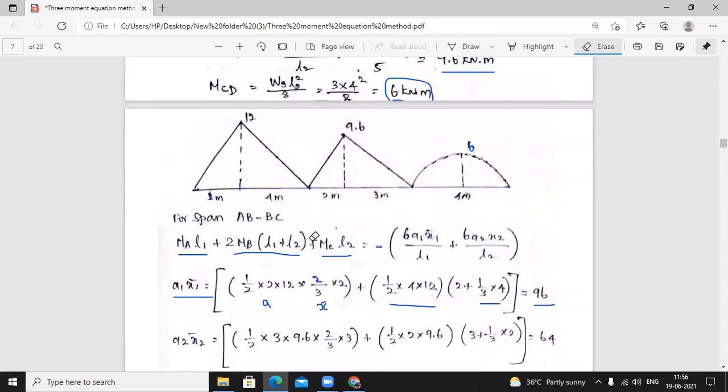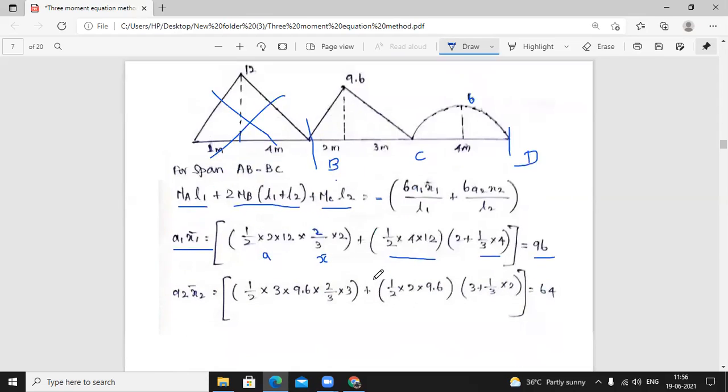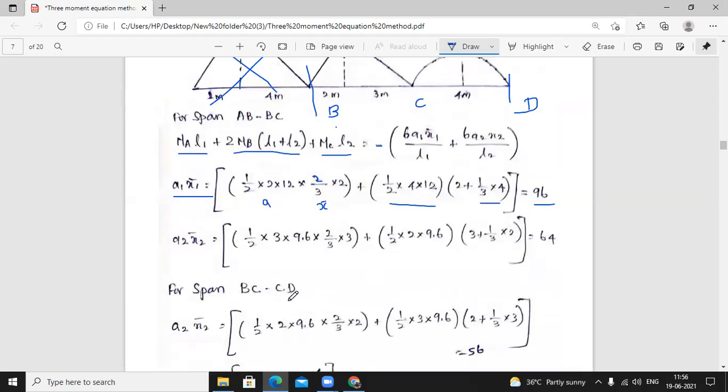So next, coming to the BC span and CD span. This is B, C, D. Now you forget about the previous diagram.